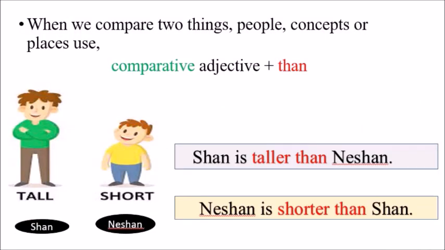When we compare two things, people, concepts or places, we use a comparative adjective plus than. Study these examples. Shan is taller than Neshan. Neshan is shorter than Shan.